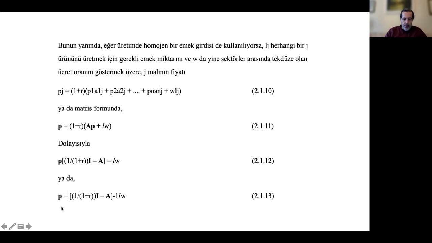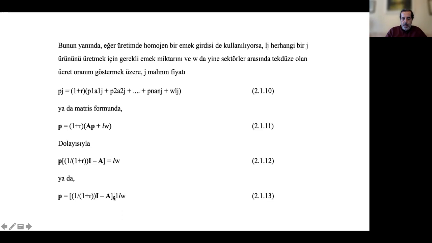So on the basis of this particular equation, which represents the relationship between prices and costs of production, this will be, in matrix form again, 1 over 1 plus R times the identity matrix minus A, the technology matrix, inverse.